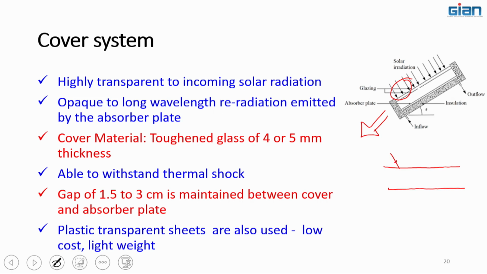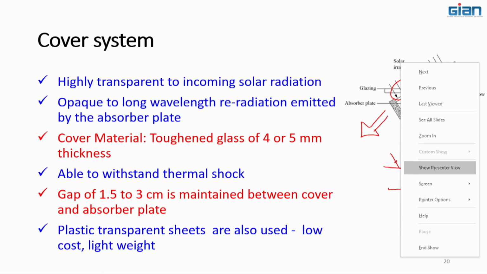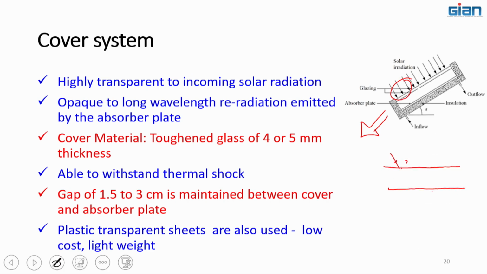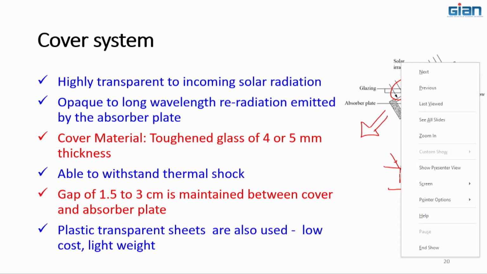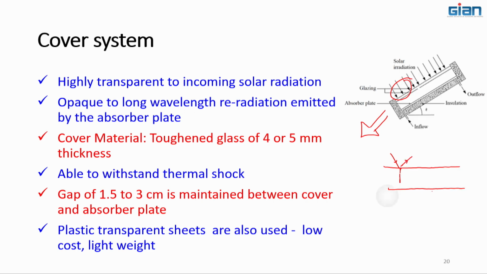Solar radiation comes, suppose some amount of solar radiation is falling on the glass cover, this is the glass cover, and this is its thickness, okay. Some of it is reflecting, and then it goes internally, it reflects, it happens something like this, okay.